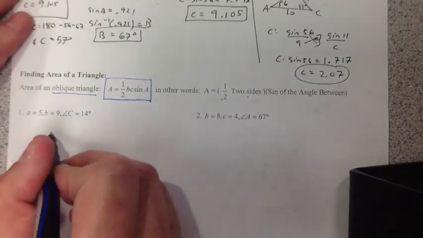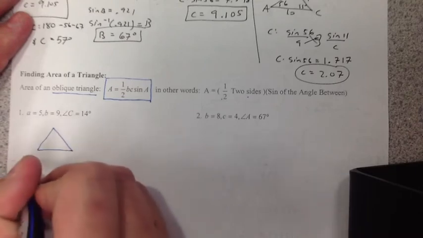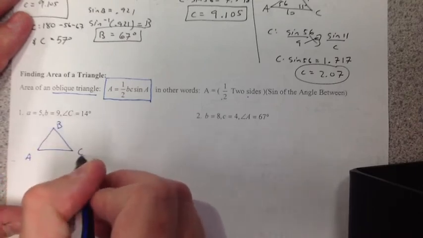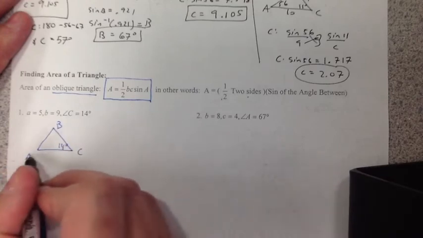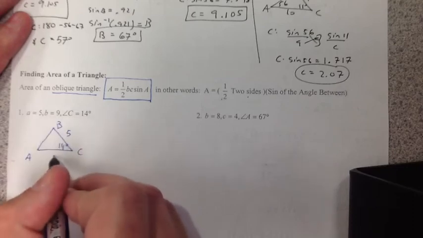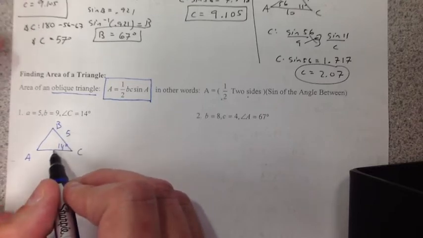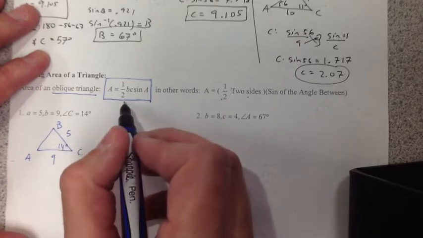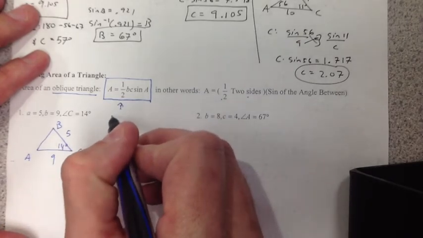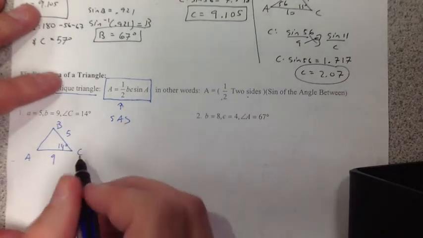And if we take a look at number 1 here, if we draw out our triangle again, we have A, B, C. This is just a formula. There's 14 degrees. A is 5, B is 9. So we have our two sides and the in-between angle. This is side, angle, side. So I'm going to use my little rule here to find the area.